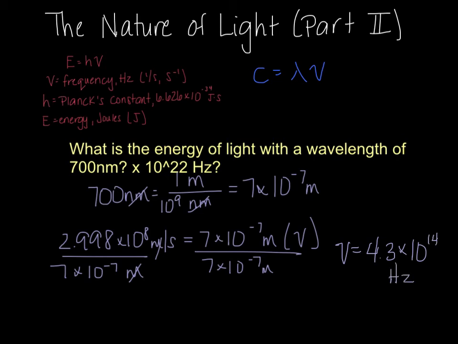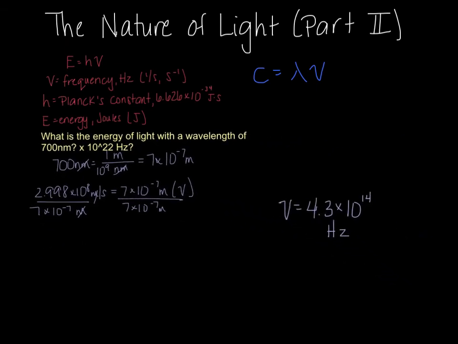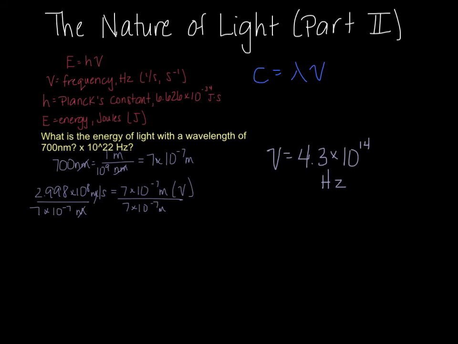hertz. So now that I have my frequency, I can find my energy. So here's my frequency. Now using my energy equation, E equals Planck's constant, 6.626 times 10 to the negative 34th joules per second, times nu, which is 4.3 times 10 to the 14th.